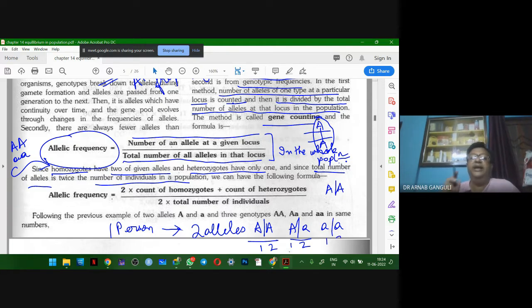In any case, one individual has two alleles. 10 individuals will have 20 alleles. 100 individuals will have 200 alleles.